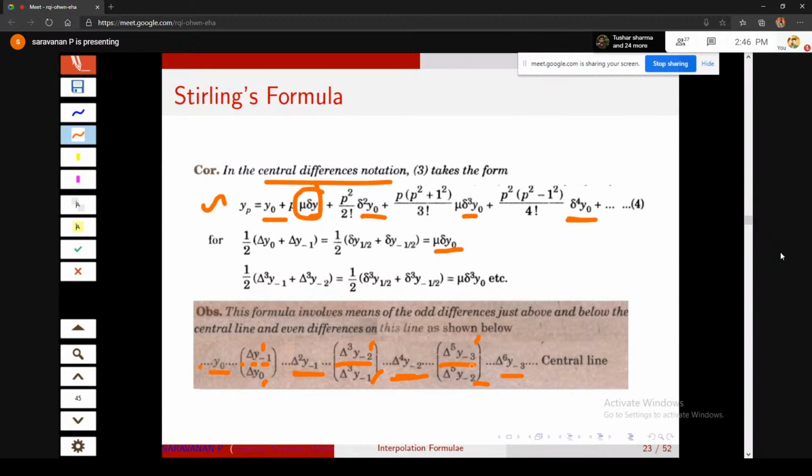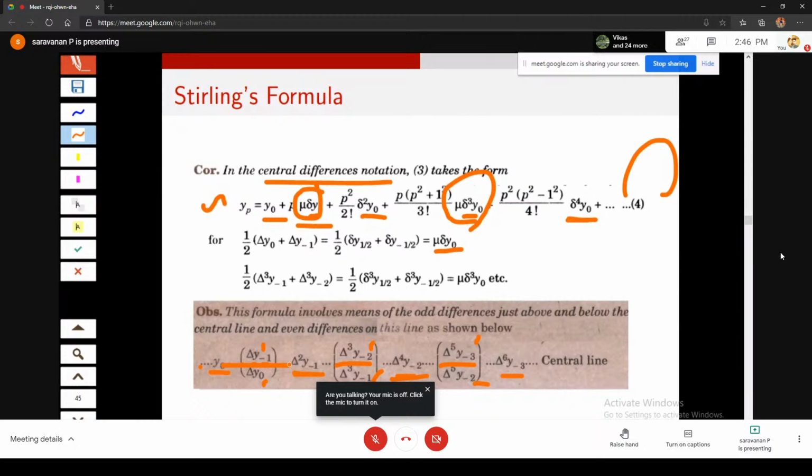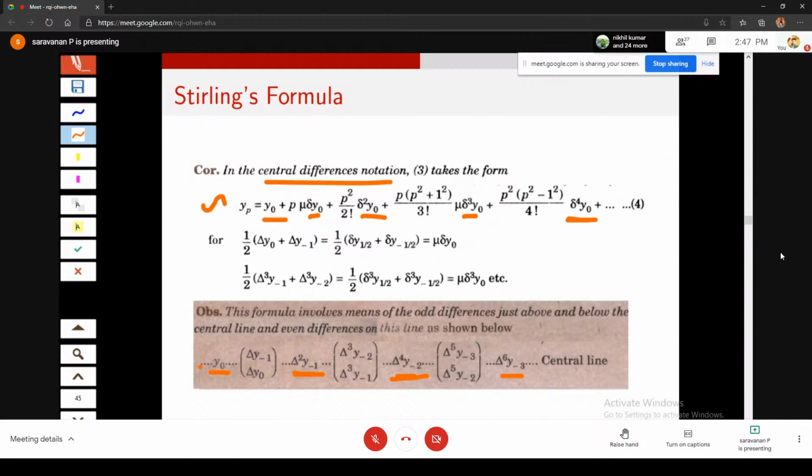That is mu delta cube, delta power 5, etc. All the even powers, exactly in the horizontal line you will get the value. That's it. So now let us solve some problems, then it will become clear.